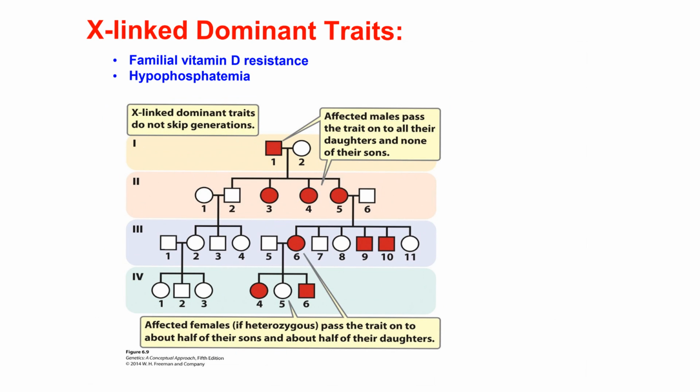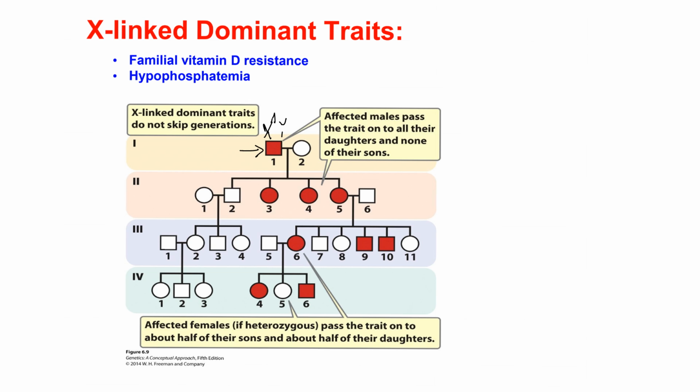X-linked dominant traits usually do not skip generations, and affected males always pass the trait to all his daughters. Look at the pedigree here. The father is affected, so the father is XY, and he has the mutation on his X chromosome.